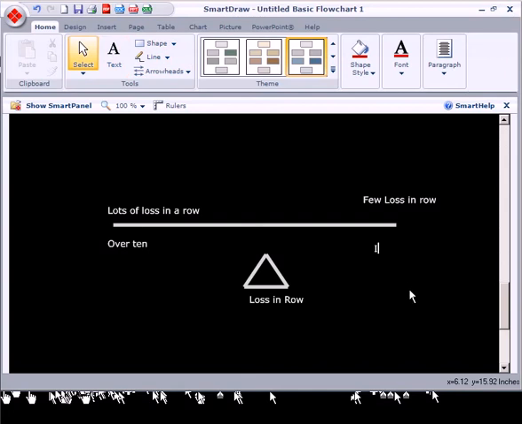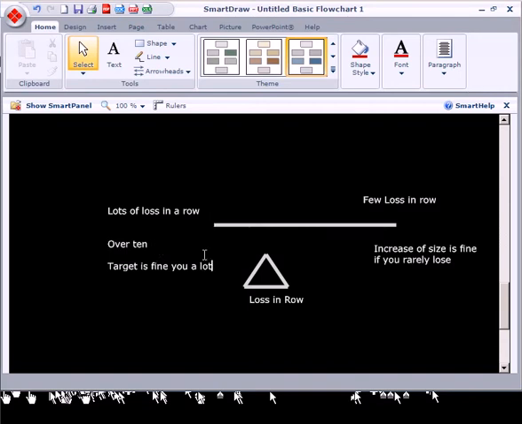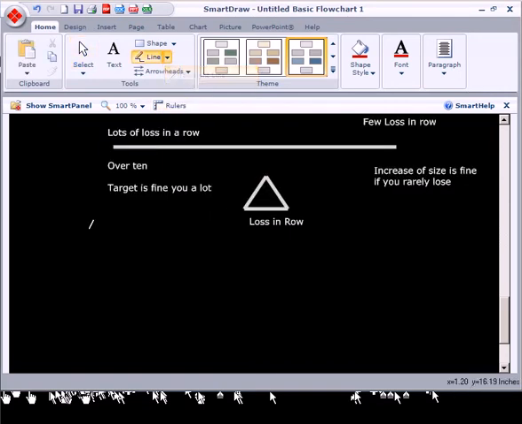Well, increase of size is fine if you lose not very often. If you rarely lose. Okay? Now, increase of target is fine if you lose a lot. Now, what this says is when you go to trade, this system over here on the right, it's something you have to pick, and this is all psychology.